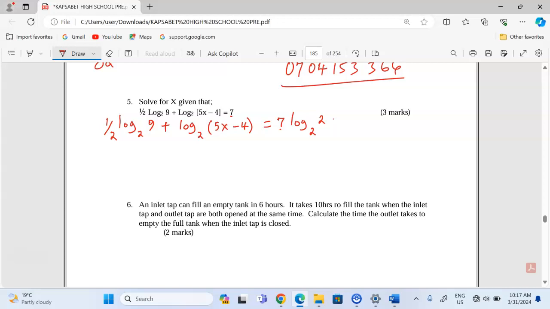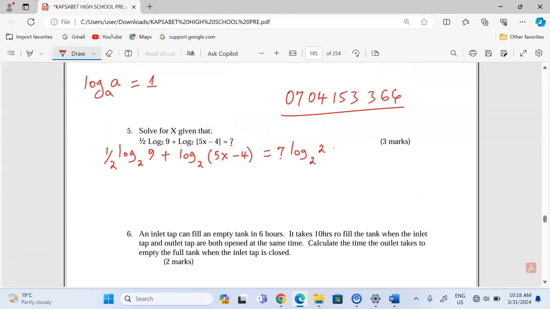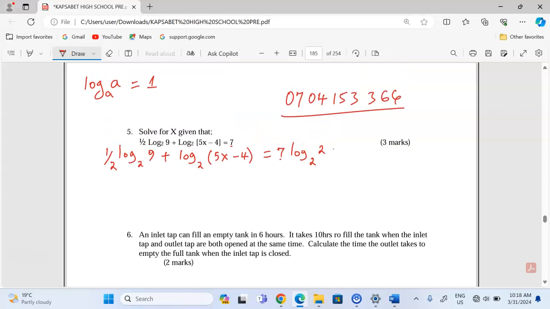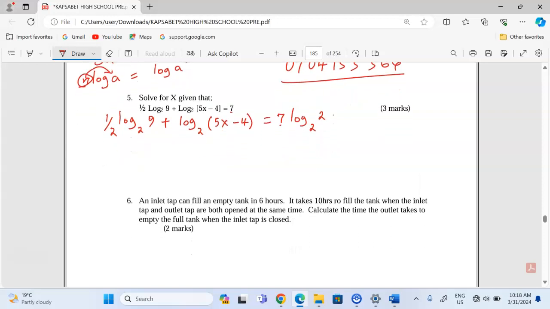At this point, allow me to apply the law of logs again, which says that when you have n times the logarithm of a certain number, this is the same as the log of the same number raised to power n. Therefore, the n here now becomes a power at this point. So it means we can solve the log to base 2 of 9. 9 becomes raised to power half.